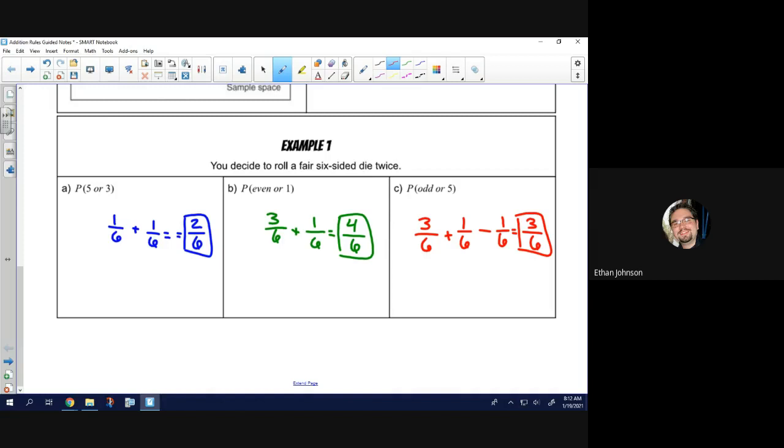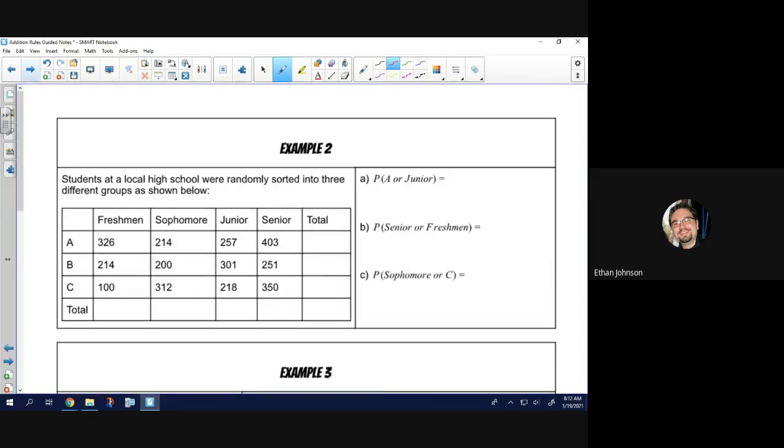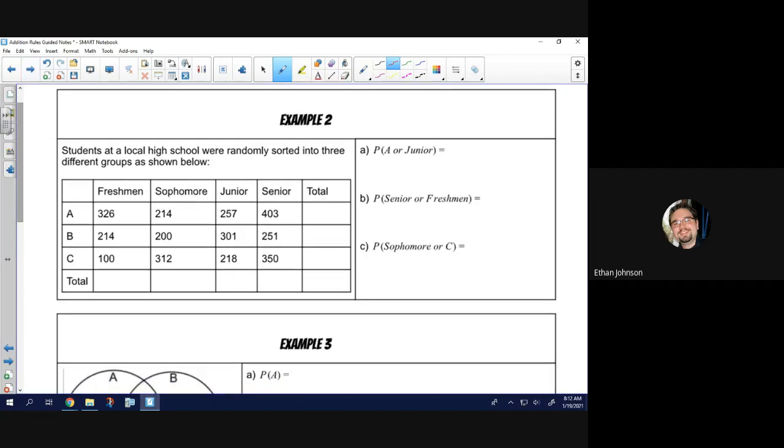Let's look at the next example. Example 2. Students at a local high school were randomly sorted into 3 different groups as shown below. Notice how it just has the number of students in each cell, but it doesn't have our totals.